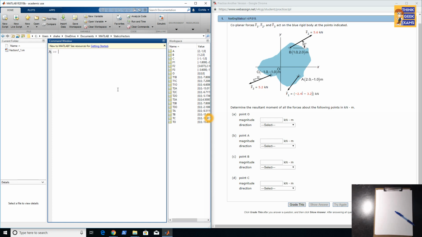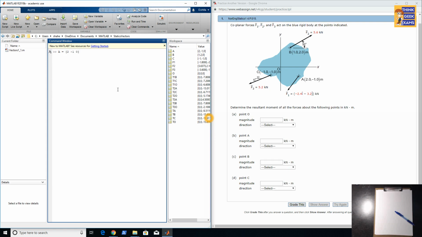So let's start by putting in the points. A is at, I'm going to do it in horizontal vector, so 2, -1, 0. The reason we do the three-dimensional is because we're dealing with moments.